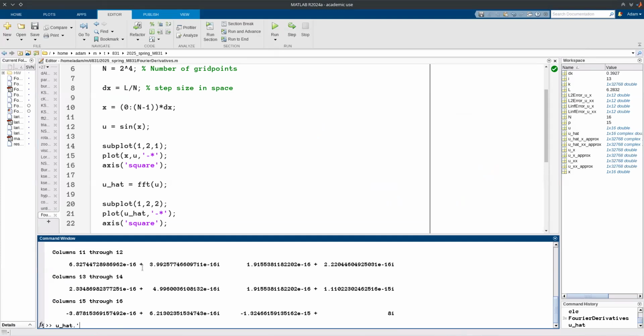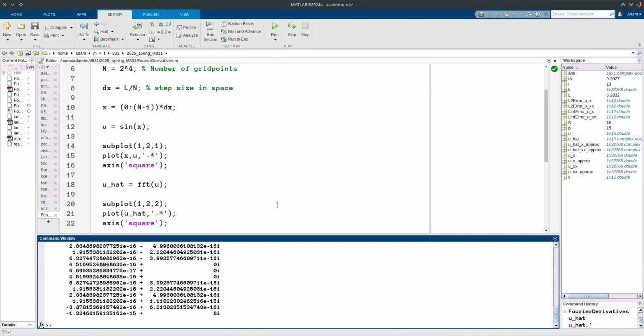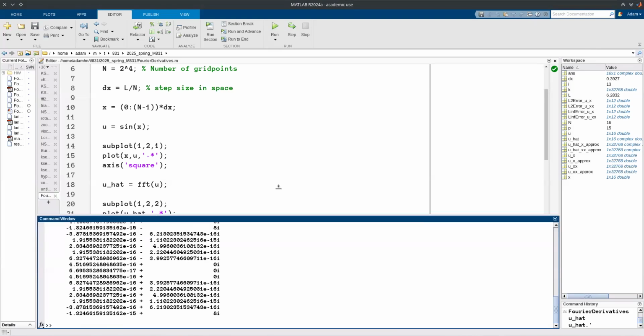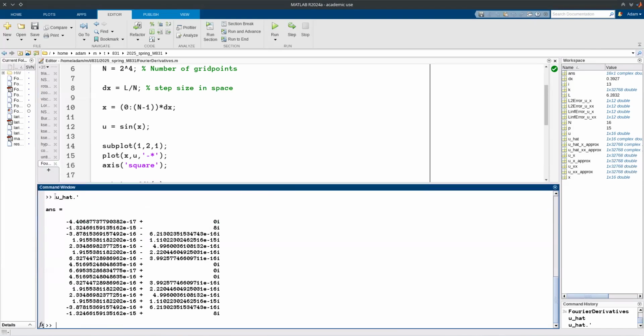So just a pure transpose in MATLAB is dot prime. And if we do that, we see this. So this is our transform of sine of x with 16 grid points. There are 16 points again, written as complex numbers. So here's one complex number, here's another complex number. And you see the first one is 0. After that, there's an 8i, actually a negative 8i.